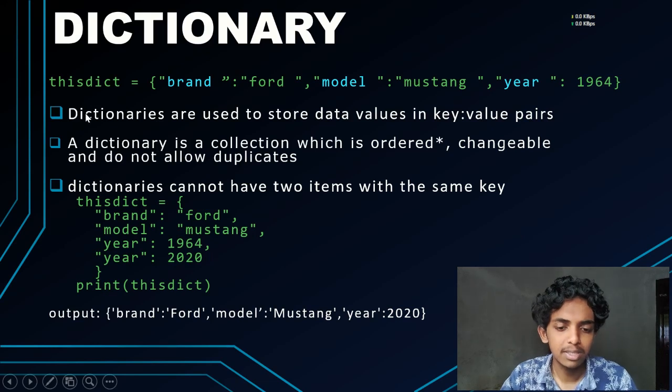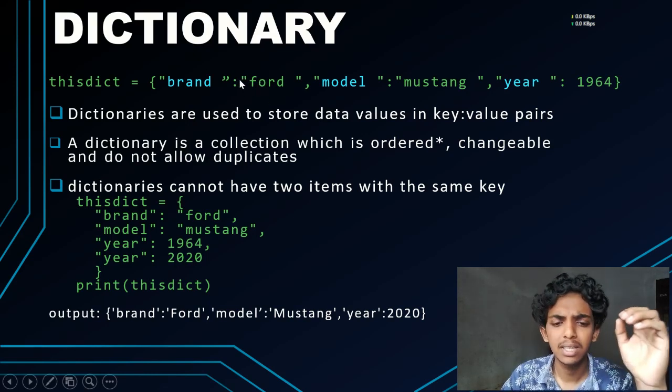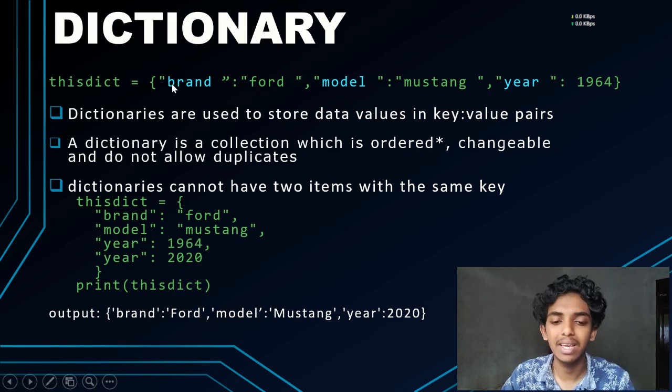Let's check. Dictionaries are used to store data values in key value pairs. Here we can see brand is a key and Ford is the value. If you want to access Ford, we use the key brand. Using brand we can access the value.